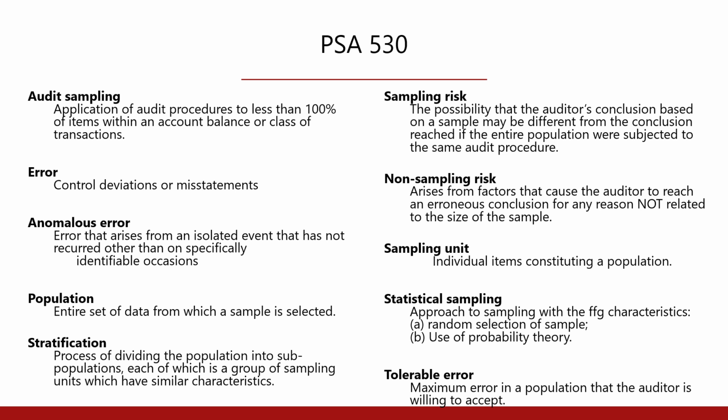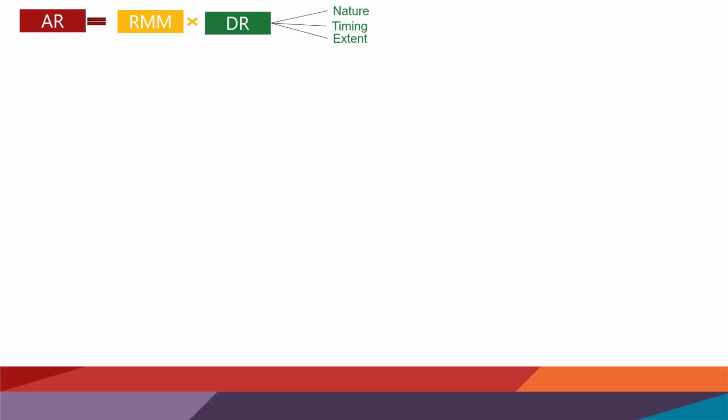So if, for example, you say, my tolerable deviation is 2, and upon testing you found out that there are more than two deviations, then that means it has breached your tolerable error, and therefore that might be cause for you to revise your decision. So anyway, more of these terms as we go along our discussion in auditing theory.